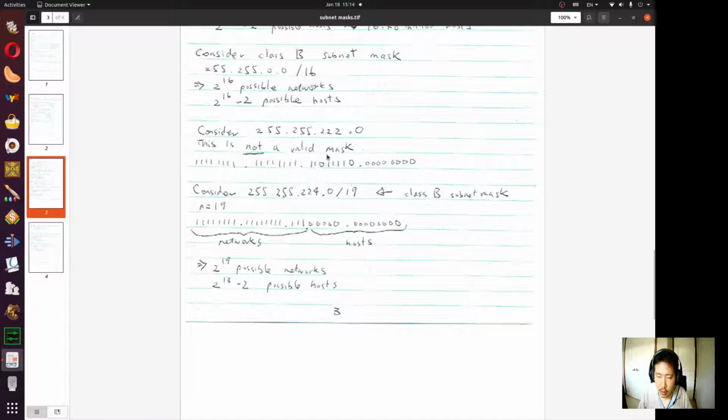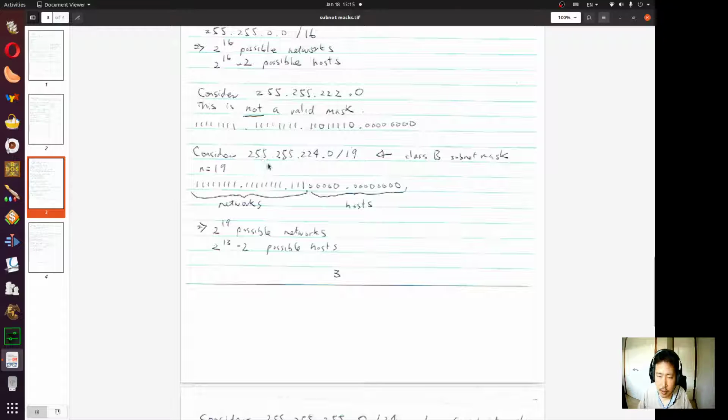But this one is not okay, because for it to be a valid mask, consecutive digits need to be 1, except at the boundary. But this 222 is 11011110. So because of this 0 here, it's not a valid mask. But if you do 11111110, then that is a valid mask. Hope you understood that.